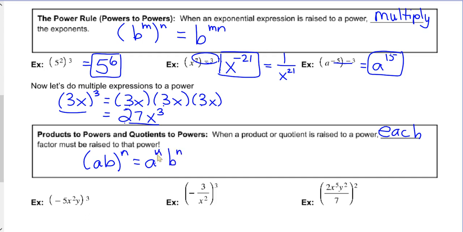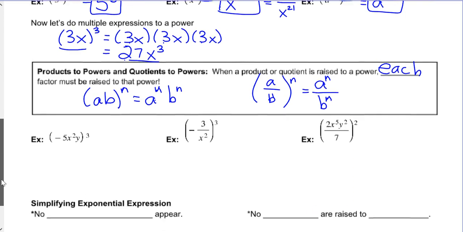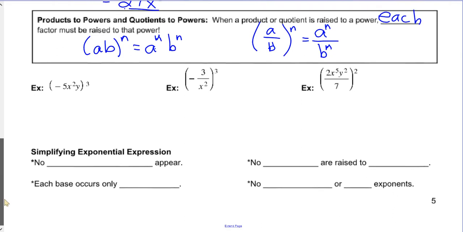Again, it's not multiplying a times b, it is a to the n power, b to the n power. Likewise, if I have a over b to the n power, that means I have to give a a power of n to be a to the n, and b a power of n, which gives me b to the n. Okay, so we have to be fair to all of them and give each one a power of n.